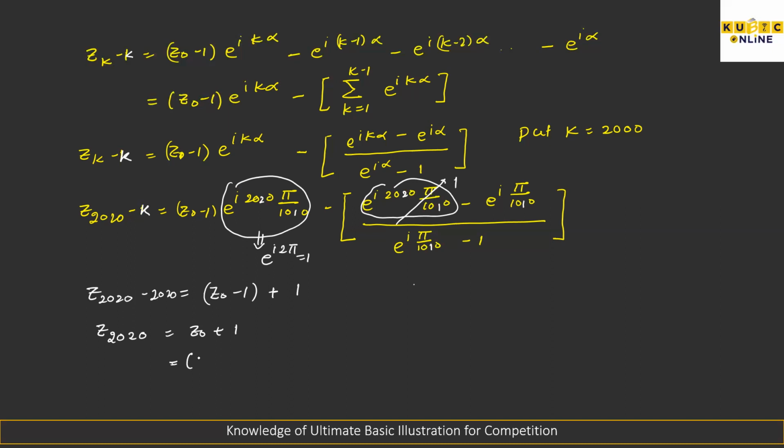So z0 is actually 1 plus iota, so 1 plus iota plus 2020 minus 1. So now we get z2020 equal to 2021 plus iota.